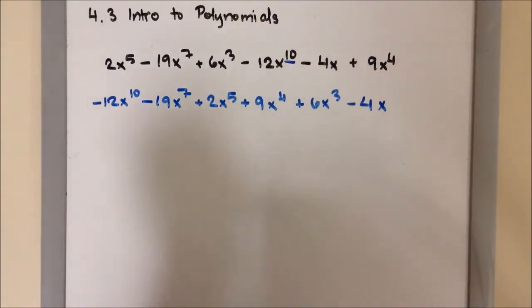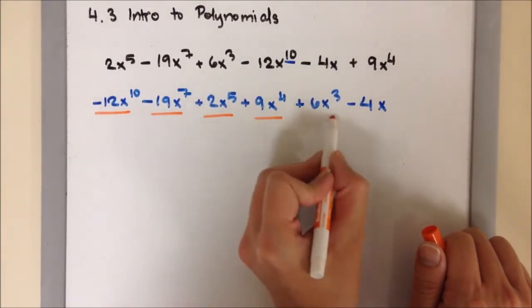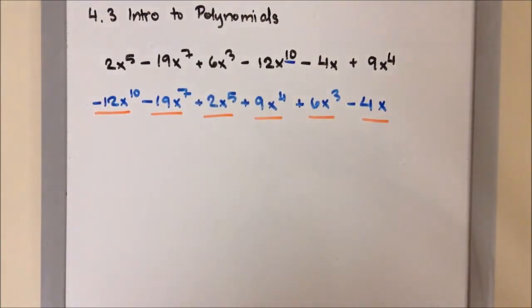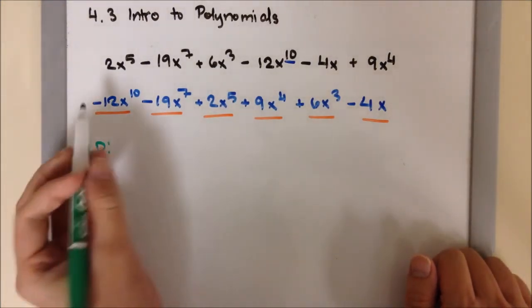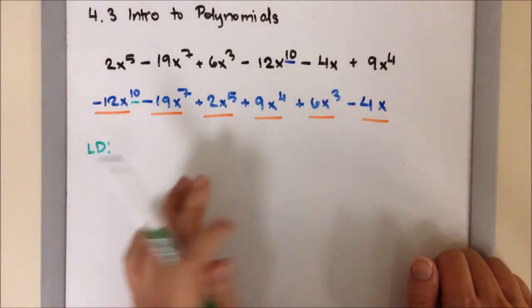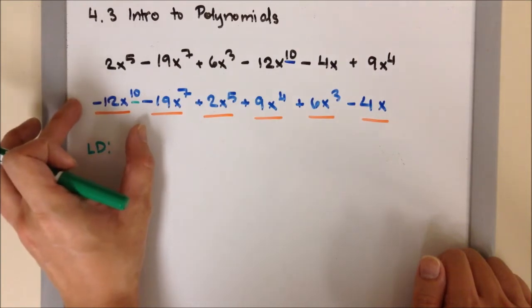And let me underline them. So 1, 2, 3, 4, 5, 6. So that's a lot. Alright, now again, leading degree, or LD, is the one that has the highest exponent. So this one right here. If you put it in order, then the first one will have the leading degree.